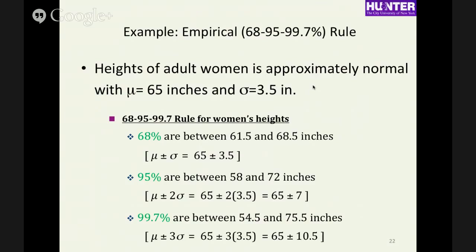So if you're on the scale of the standard normal distribution, then it's just values of 1, 2, 3, but you can use it on the original scales, such as weights and heights.